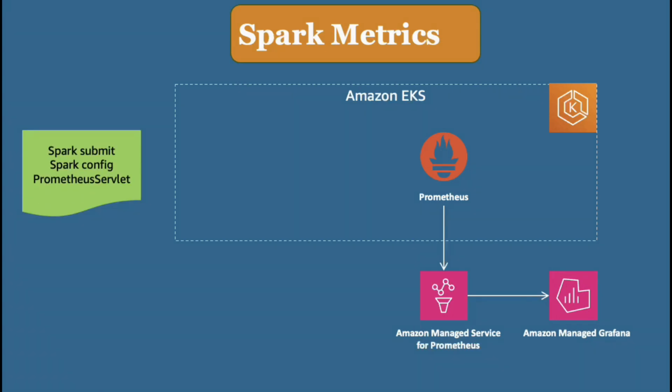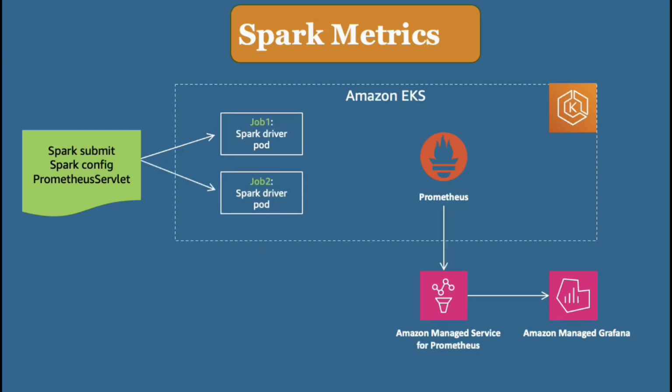When the data engineers submit the jobs to the cluster using the Spark Submit API, the driver pods get created, which in turn create the executor pods, and the metrics are exposed at a certain endpoint. These metrics will be scraped by Prometheus and sent to Grafana for dashboards. So you can use either the open source Prometheus Grafana stack, or you can use the managed services as well.